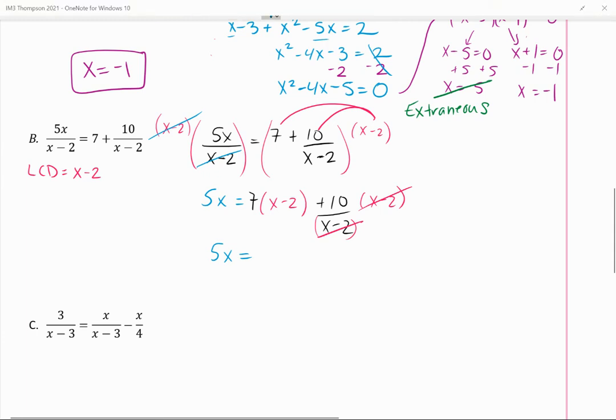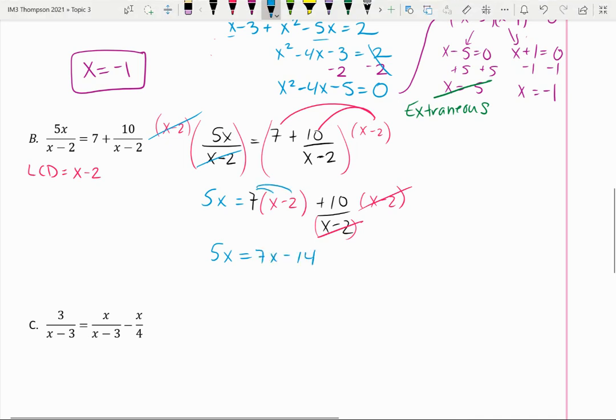So I have 5x on the left side, and then 7 times quantity x minus 2 gives me 7x minus 14. And then that last fraction, the x minus 2's cancel, and I just have plus 10. Ooh, no quadratic term this time, just a linear term.